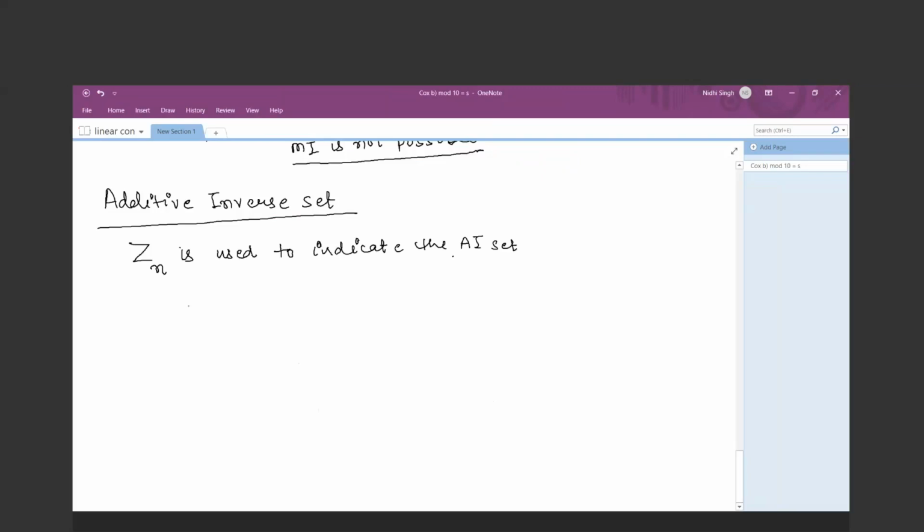Because if you remember, I mentioned one statement that in the additive inverse case, all the numbers in the range from 0 to n minus 1 have the additive inverse and those values belong to the same set Zn. So the whole set Zn can be used to indicate the additive inverse set in the encryption and the decryption process. But what about the multiplicative inverse set?